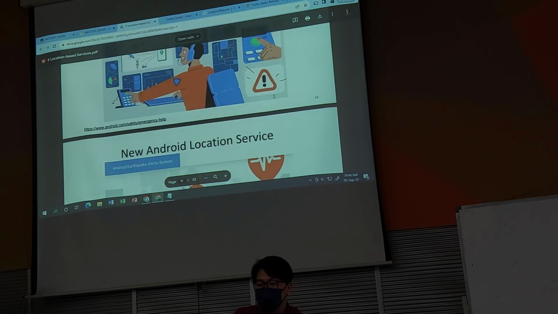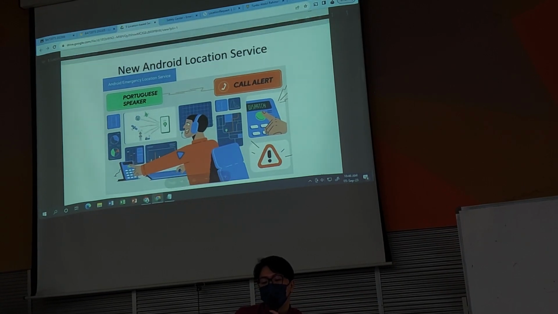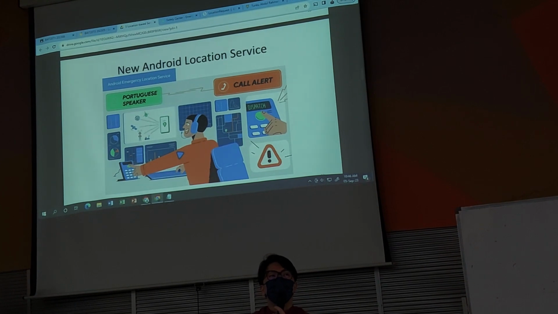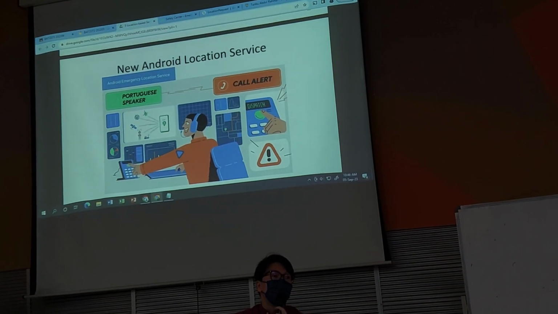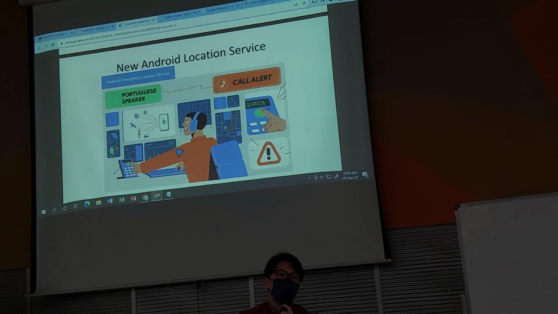But if we talk about emergency location service, this one you may look into it, and if any one of you is doing an assignment that relates to emergency situations, perhaps you can see whether you can implement it or not, right? And of course, when you implement it, remember to tell your tutor when you present.